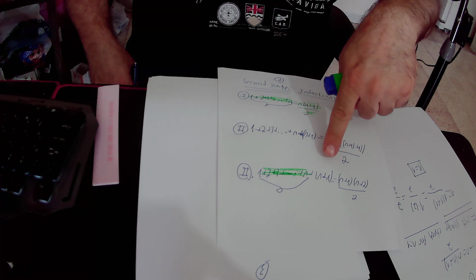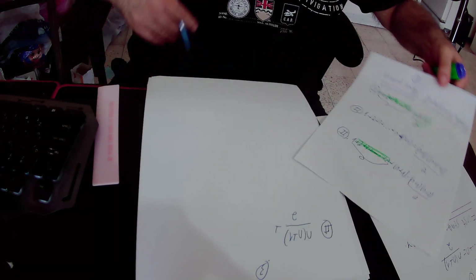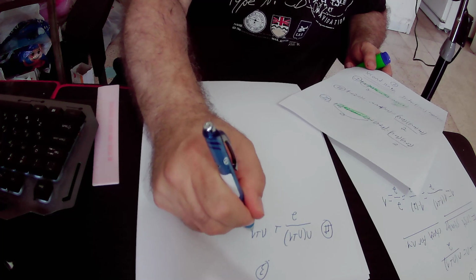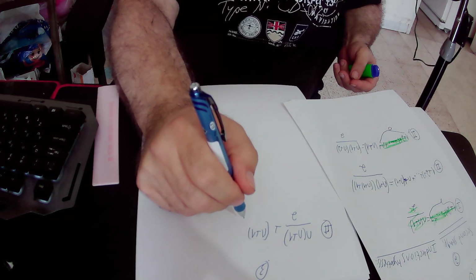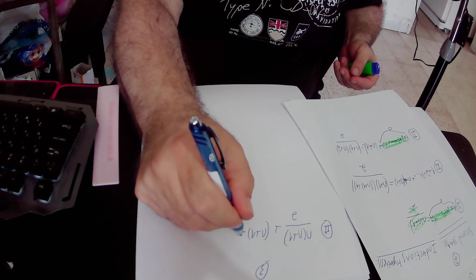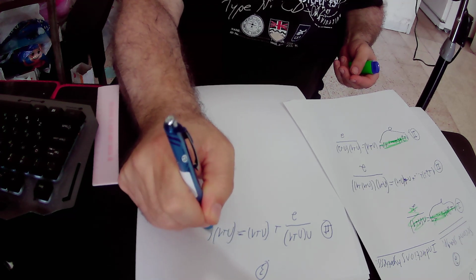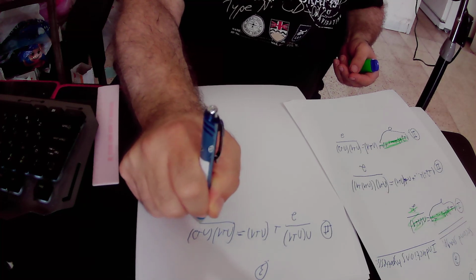So I will copy the other parts as they are, so it will be plus n plus 1 equals n plus 1 times n plus 2 divided by 2.